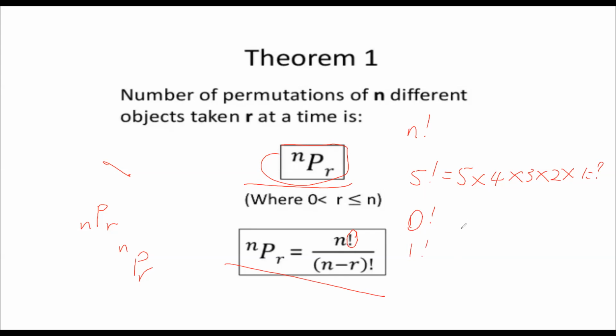Just identify on your calculator the factorial for me. Everybody with a calculator or a cell phone, do the 5 factorial thing for us first. It's 120, sir. 120. Okay, 120 here.